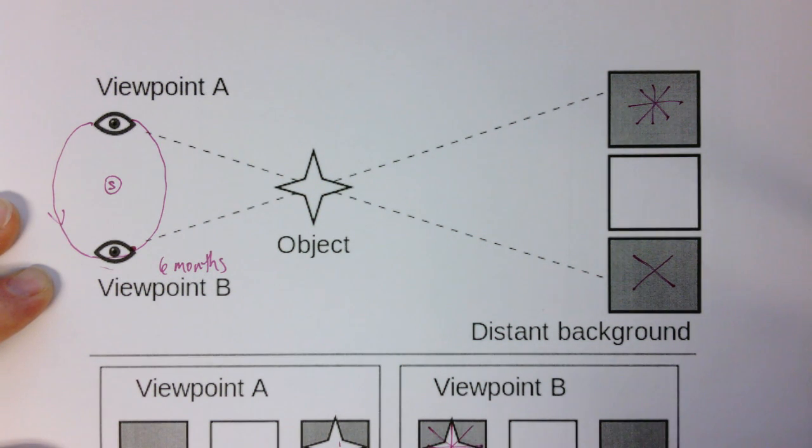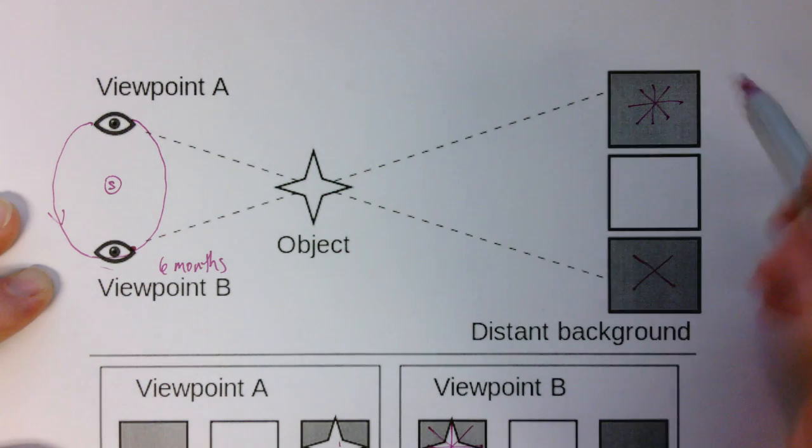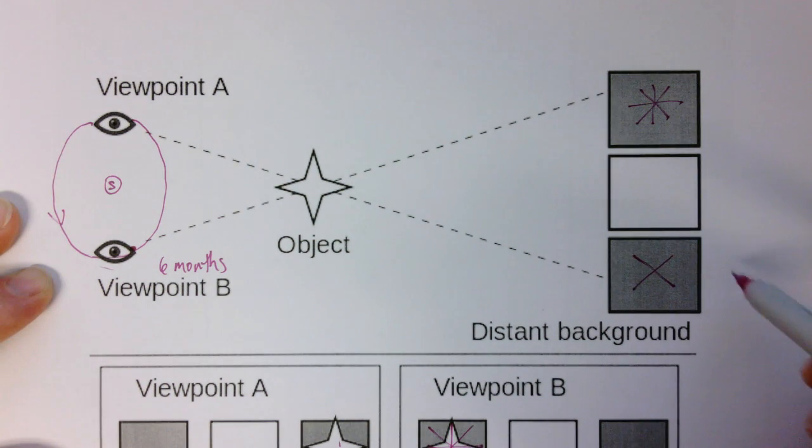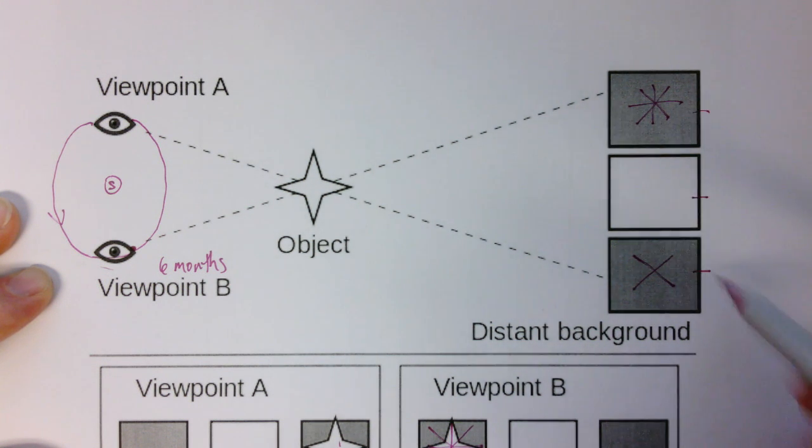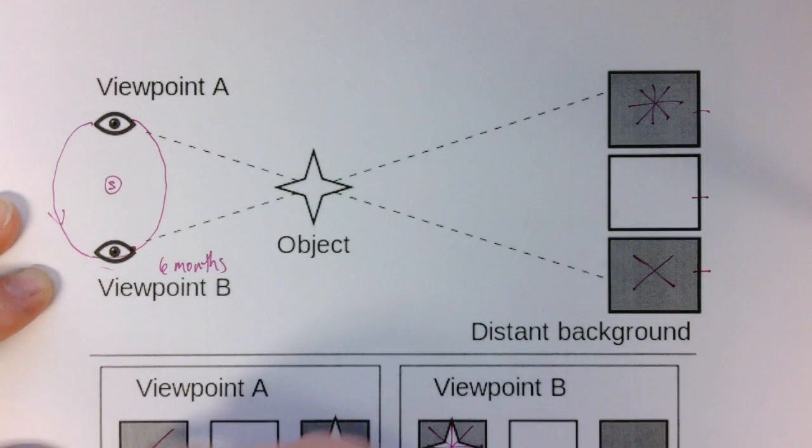Now the result is, if we take these two pictures, these distant background stars, represented by these three squares, will be in exactly the same position because they are so far away. So the two pictures, when they are overlain with each other, will look like this. When we overlay the two pictures, it will show these two locations, very different locations.